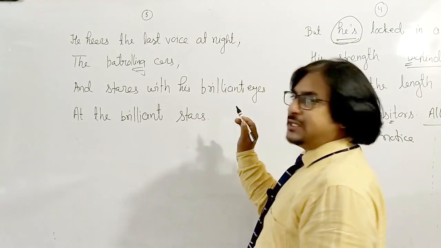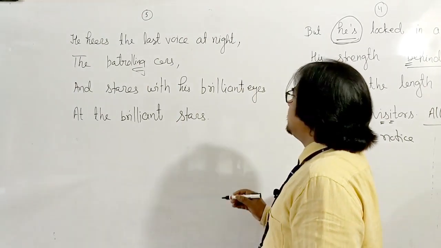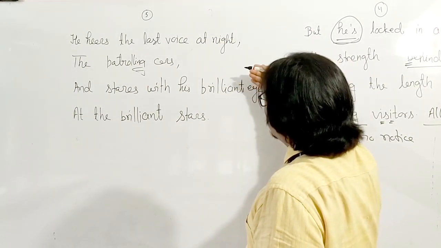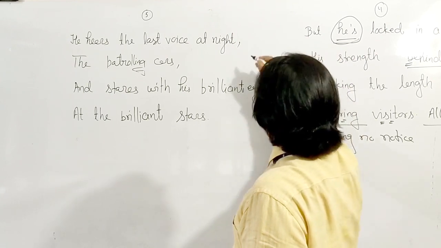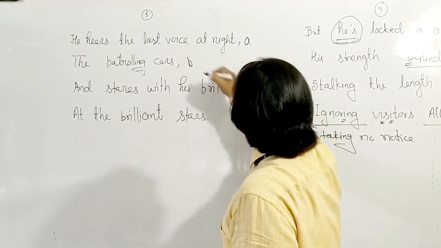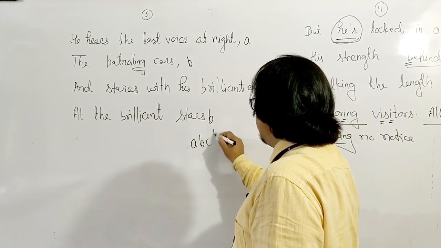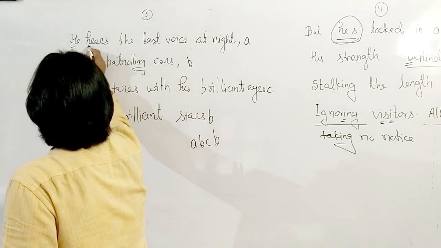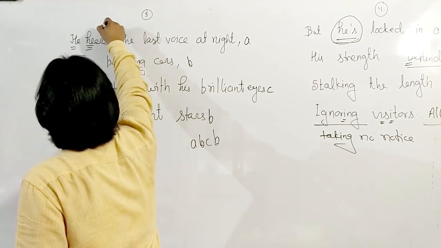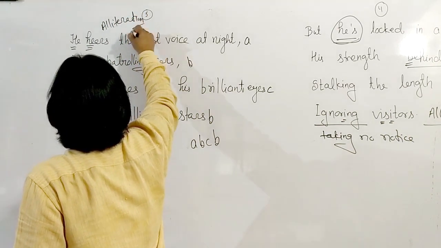In the fifth stanza, the rhyming scheme, as in each and every stanza, is the same: A, B, C and B. "He hears", you know very well, is alliteration.